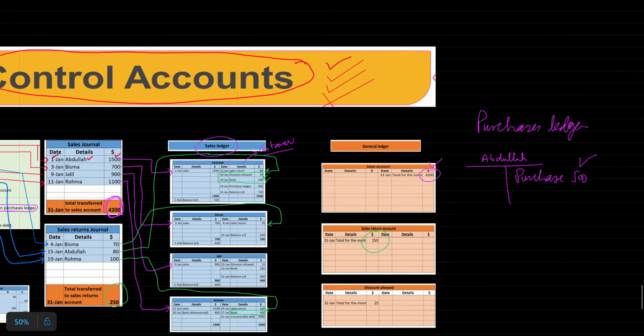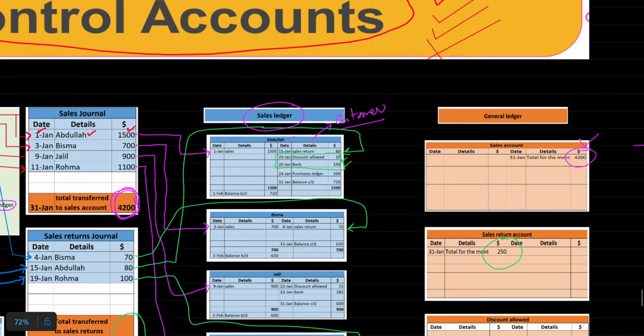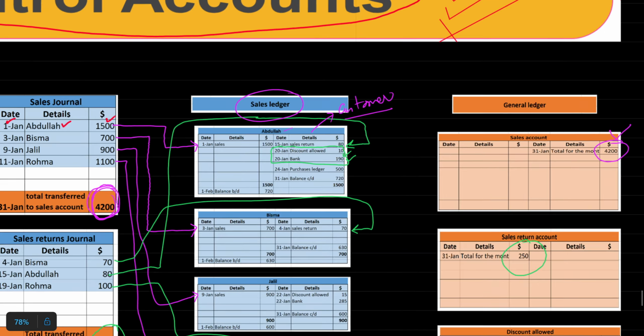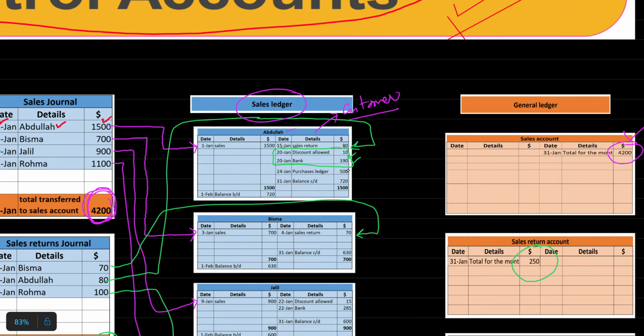In this case, neither will this 500 be paid to Abdullah nor will 500 be received from Abdullah. We will simply set off this amount. How? We will debit 500 in Abdullah's account in the purchases ledger and credit Abdullah's account in the sales ledger.